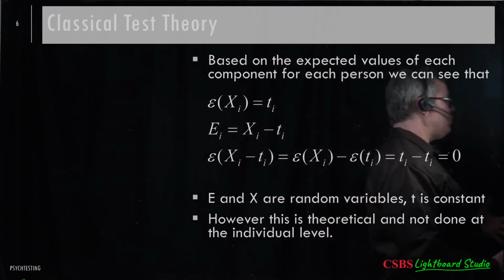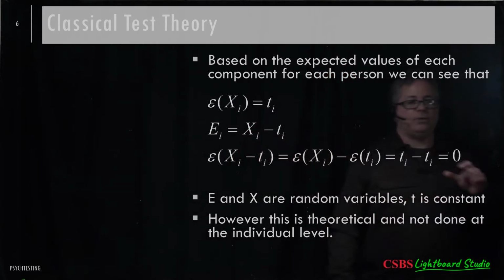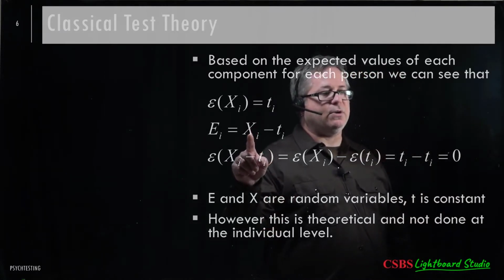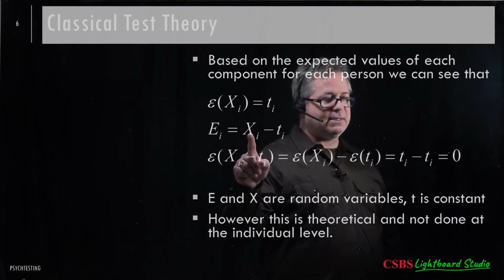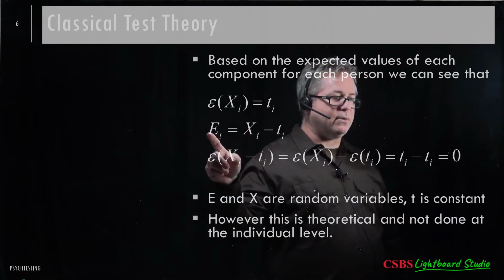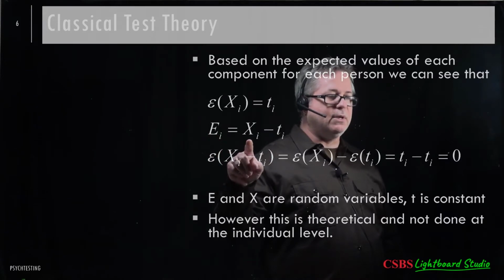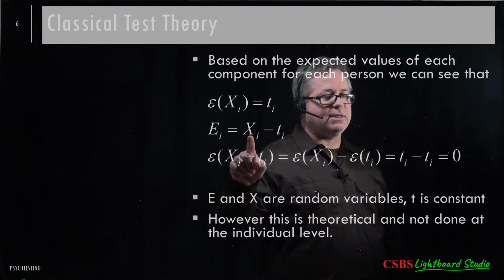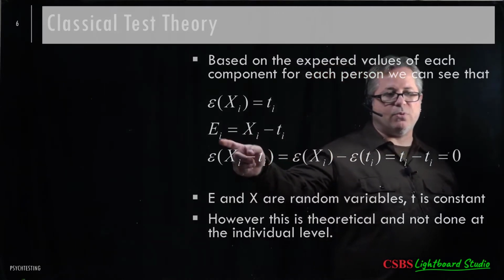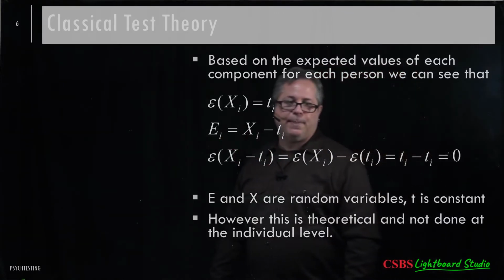If only we could get rid of the measurement error, we'd be able to measure their true score right away, which means that the difference between their actual score on the test and their true score is what we are saying is error. So error is just the difference between their score on the test, or on the scale, on the item, and their actual true score. That difference is really what we're talking about in terms of measurement error.